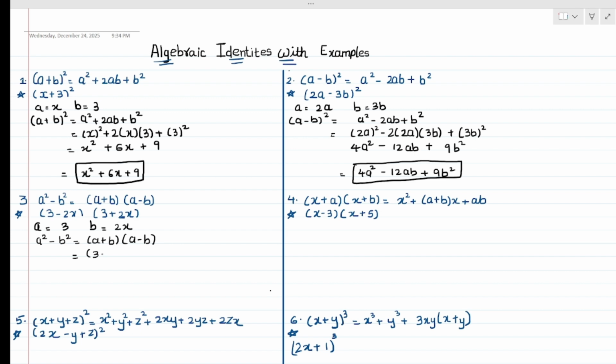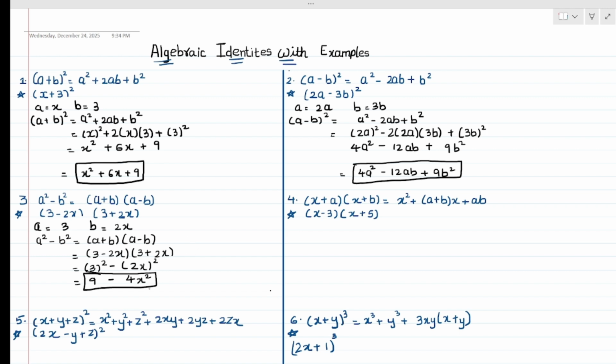It's 3 minus 2x and it's 3 plus 2x. So from right hand side to left hand side, it means 3 the whole square minus b means (2x) the whole square. 3 times 3 means 3 square equals 9, minus 2 times 2 means (4x square). So our final answer is 9 minus 4x square.